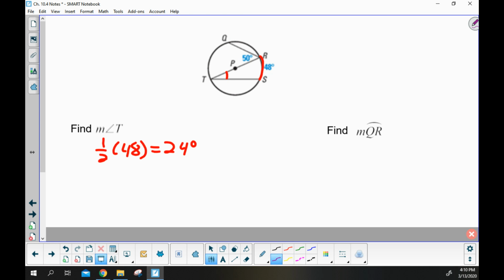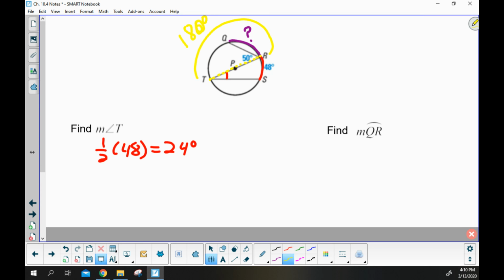All right. Our second problem says find the measure of QR. So we're looking for this arc out here. Well, there's not an angle that opens up to it. However, remember what I mentioned earlier, that we know that RT here is a diameter, which means it does cut the circle in half. So we know from T all the way to R here, that's 180 degrees, right?